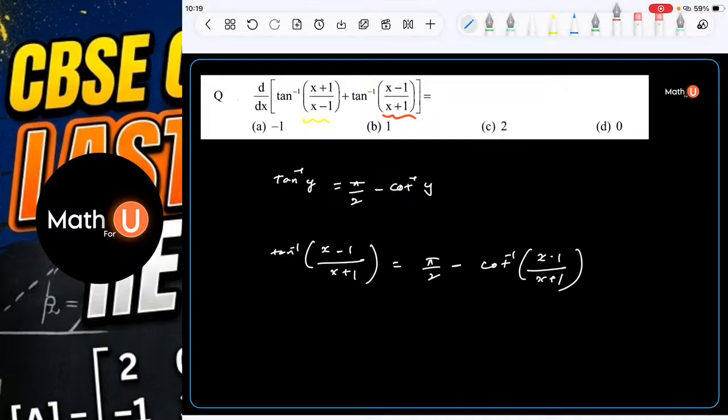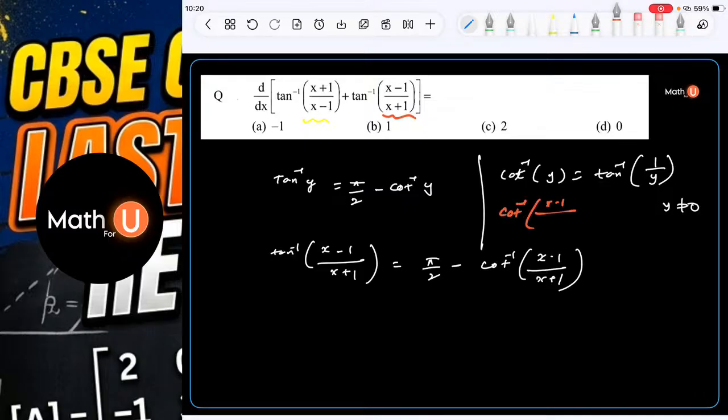Then again you should know cot inverse y is also equal to tan inverse of 1 by y, where y should not be equal to 0. That means cot inverse of (x minus 1) by (x plus 1) is also equal to tan inverse of (x plus 1) by (x minus 1).